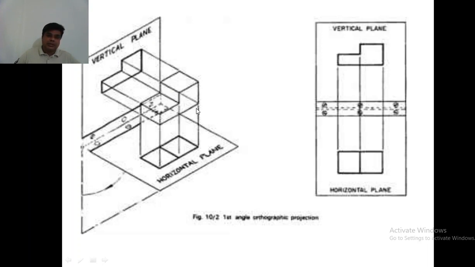You are seeing from here, so the projector lines are parallel and also perpendicular to the plane of projection, or the screen. On this screen the image falls. It is called the view of the object. So this is the object, this is the view of the object. If you see from the front, you can see only this face of the object.